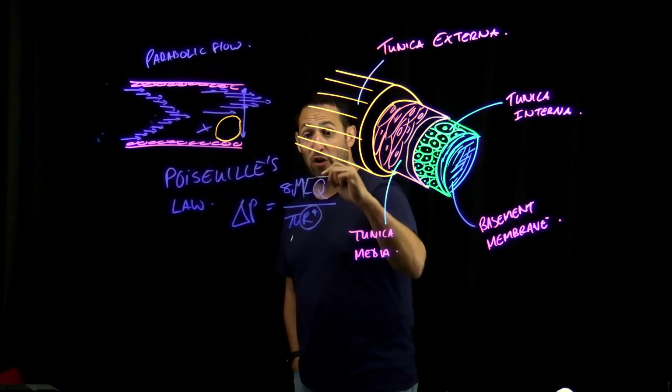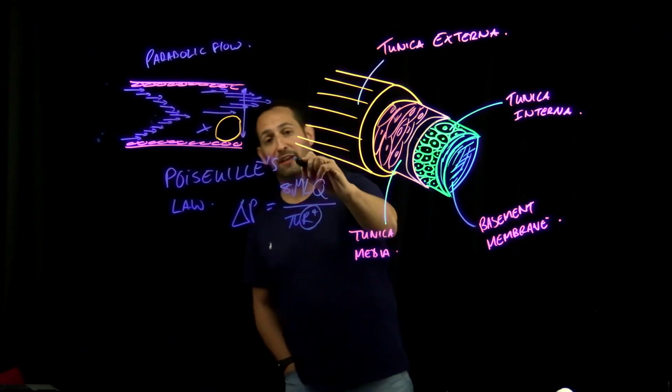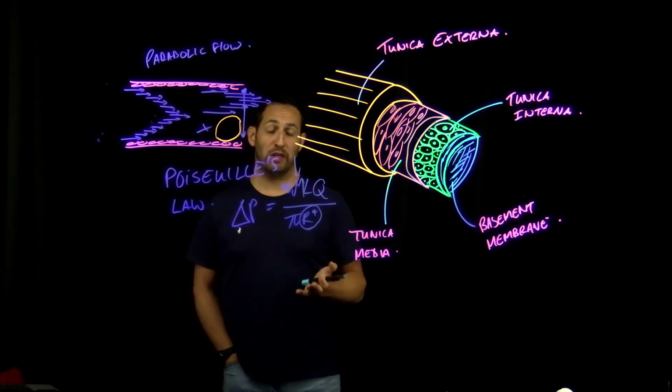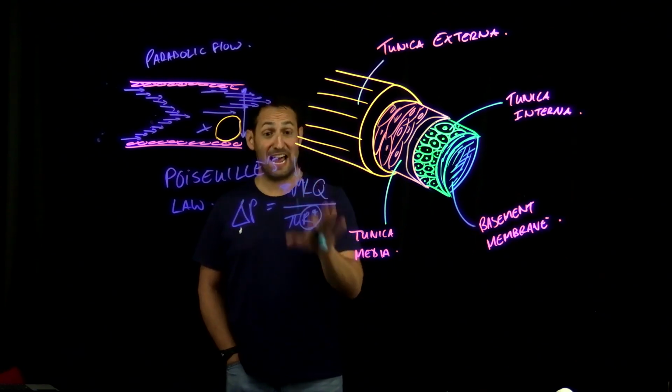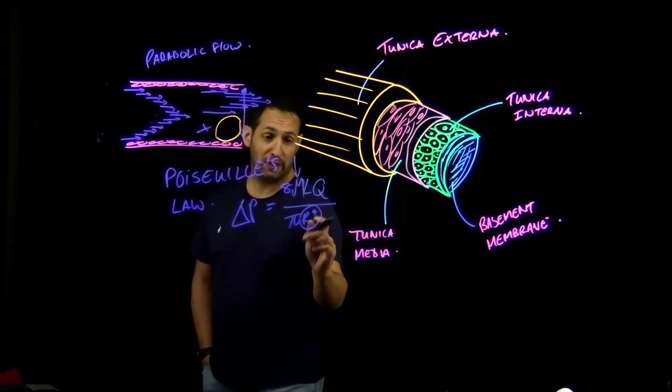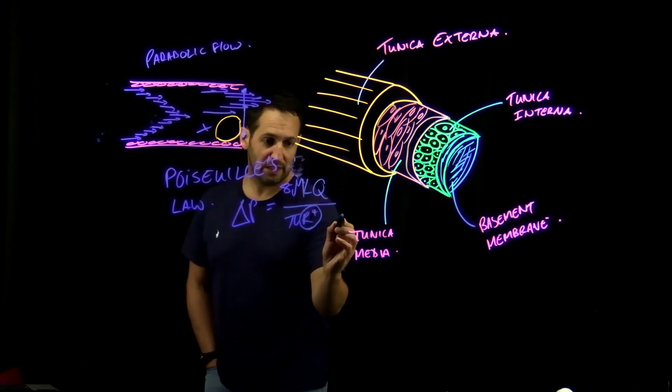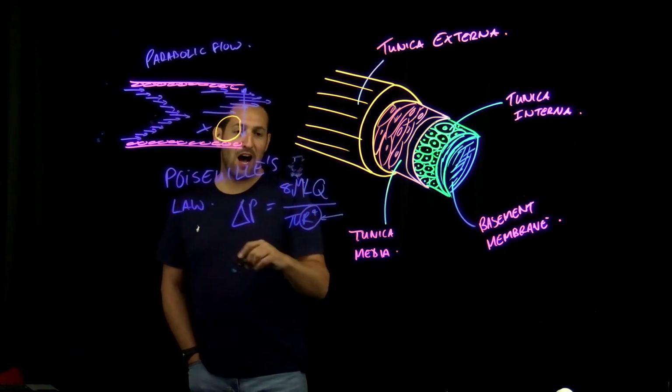Later on in your scientific careers, you'll find that the dynamic viscosity of the fluid is quite important. For right now, what's really important is, well, two things. Number one is the fact that we're talking about r to the 4.